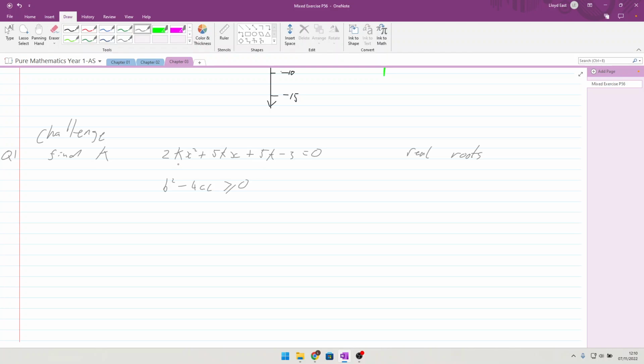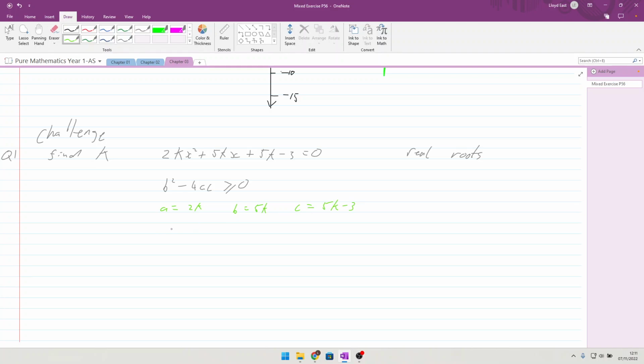So what are my values of a, b, and c? a is equal to 2k, b is equal to 5k, and c is equal to 5k minus 3.